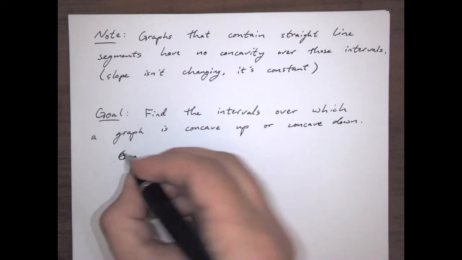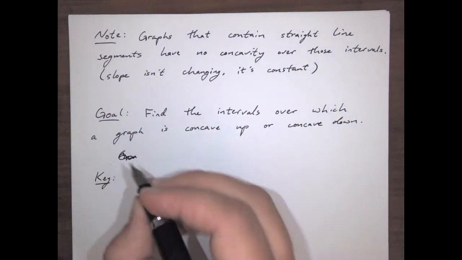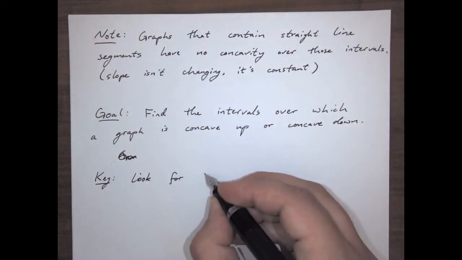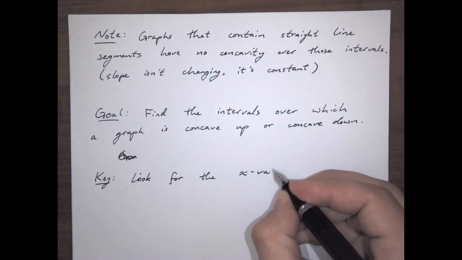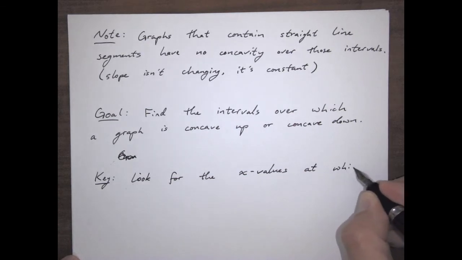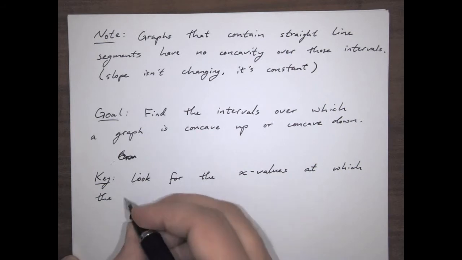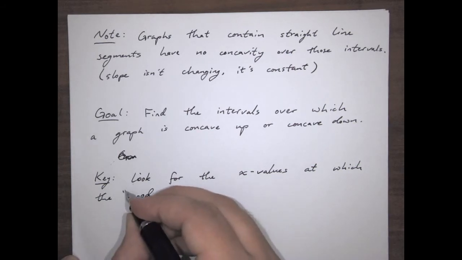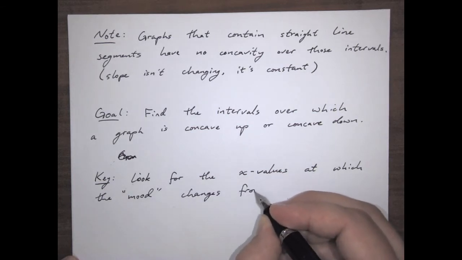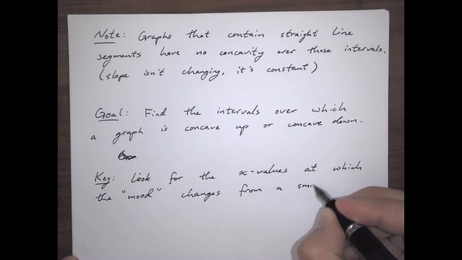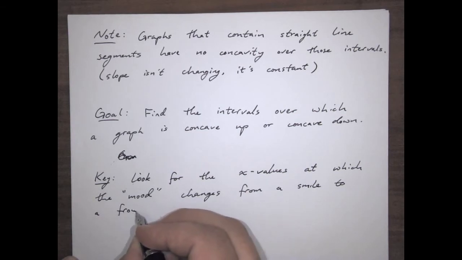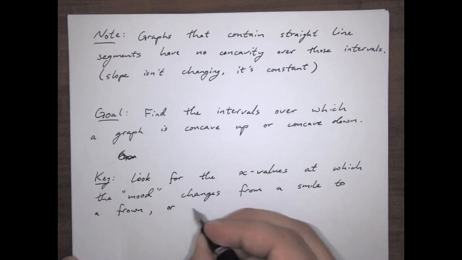So the key to accomplishing this is look for the x values at which the mood, quote unquote, changes from a smile to a frown, or vice versa.